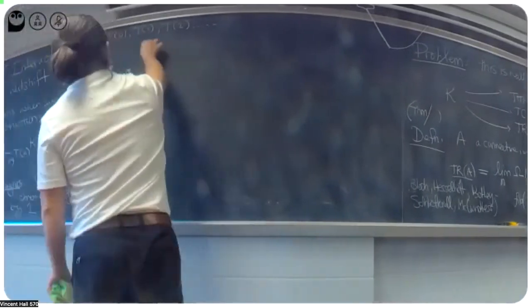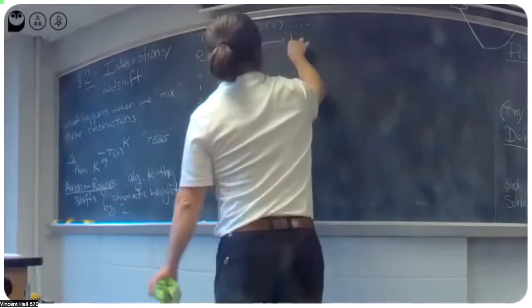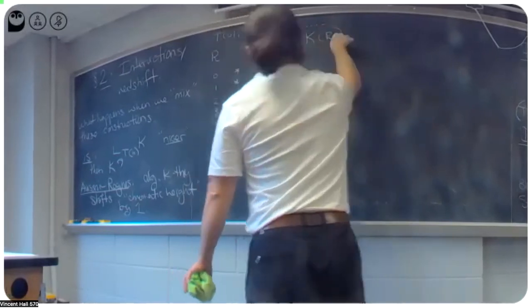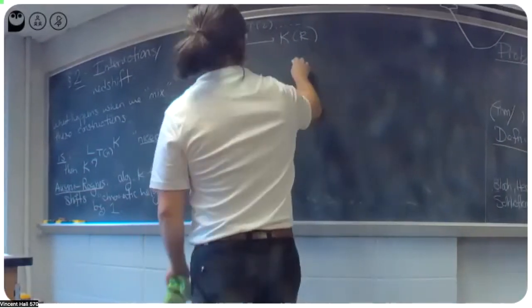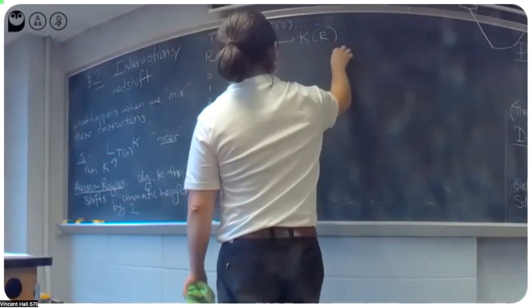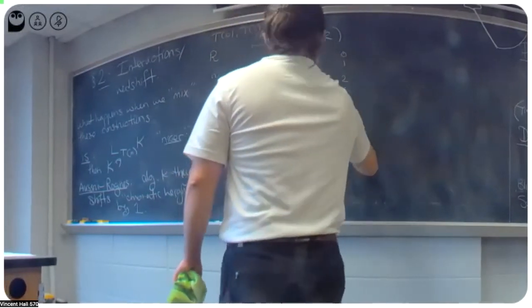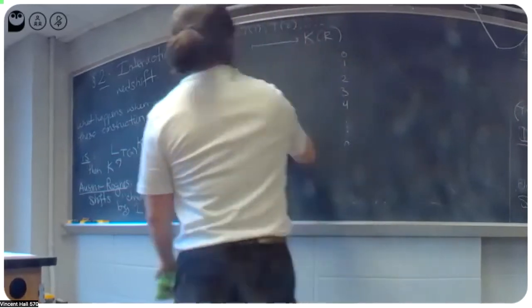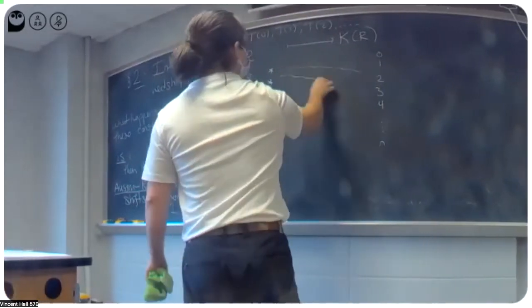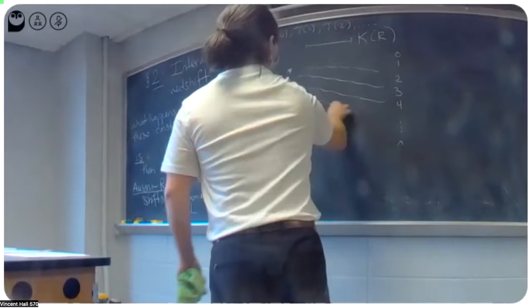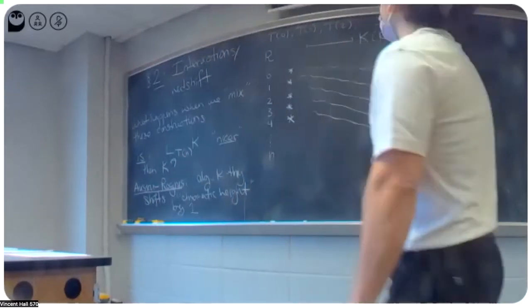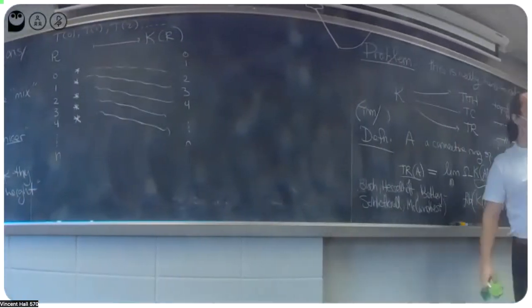So when we apply the K-theory construction, now we're going to write things like 0, 1, 2. And the point is that there's going to be some transference of chromatic information up 1 degree.